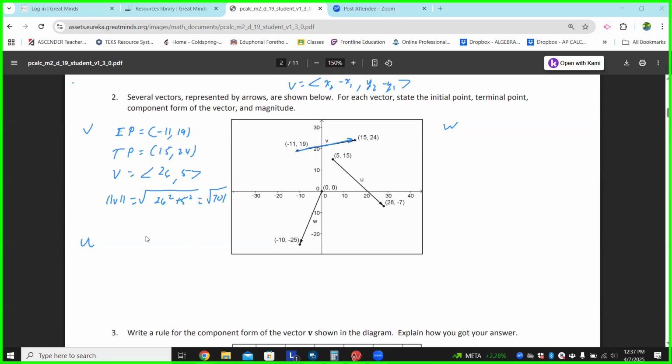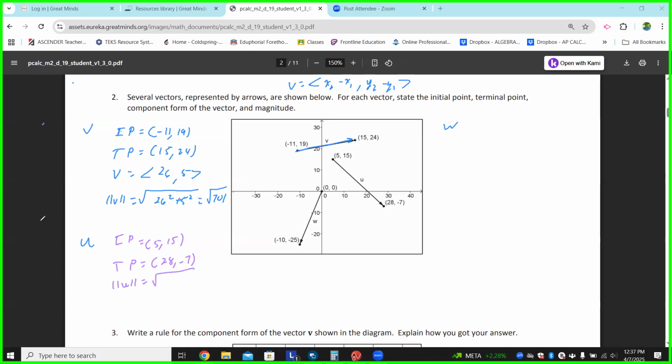All right. This time we did the magnitude. What is the initial point of U? Perfect. The terminal point of U. Okay. And then our vector of u.